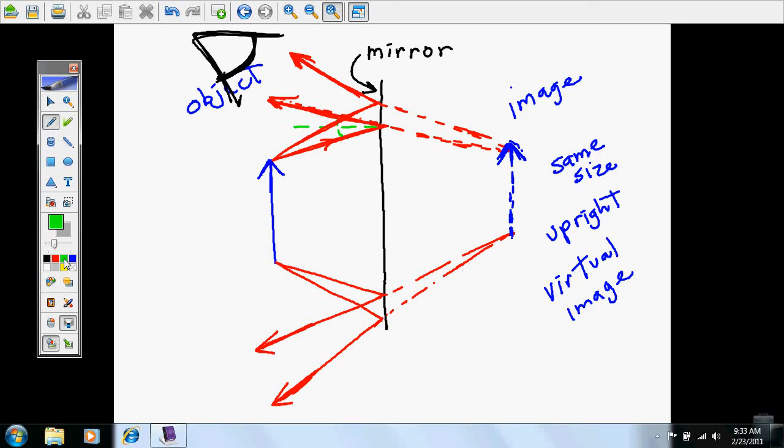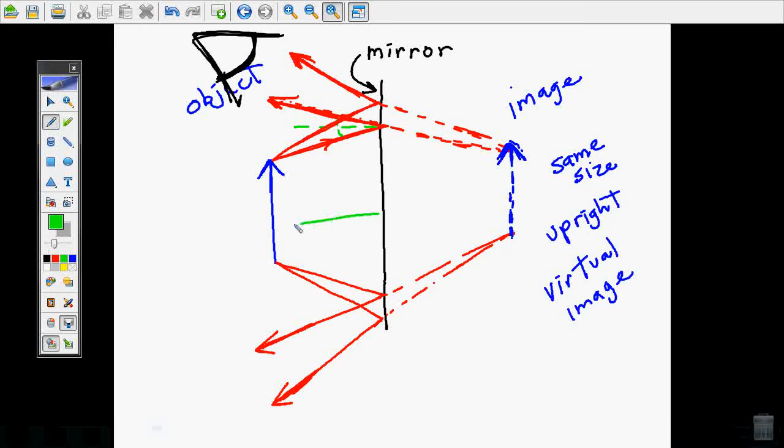Also, however far the object is out in front of the mirror, that's called d sub o, the object distance. That's how far the image is seen inside the mirror, d sub i. d sub o equals d sub i.